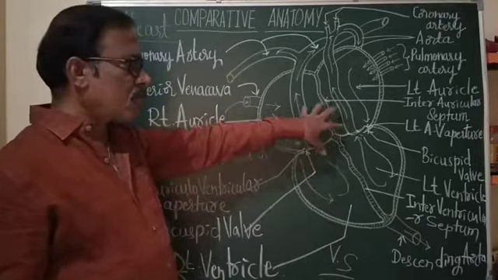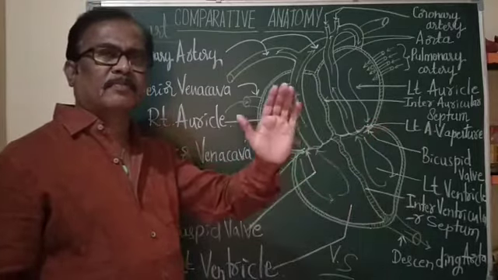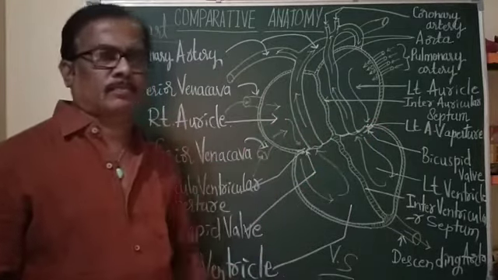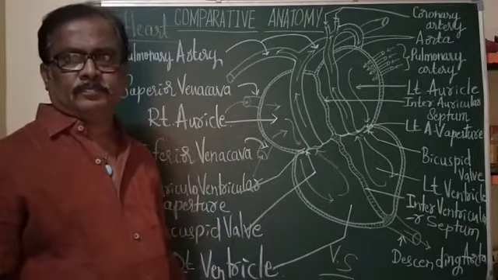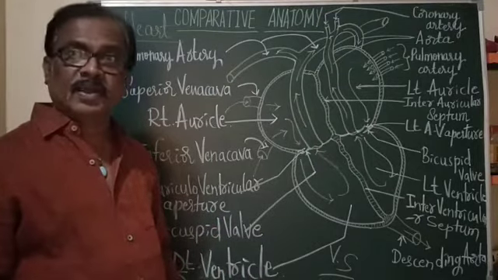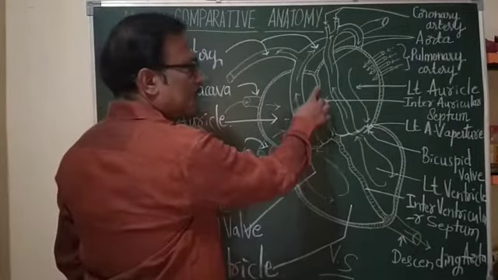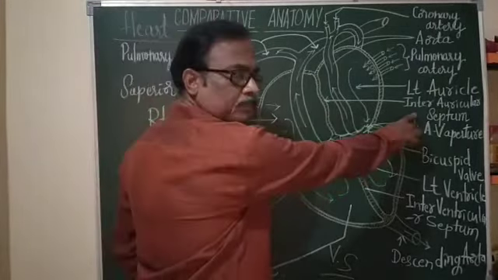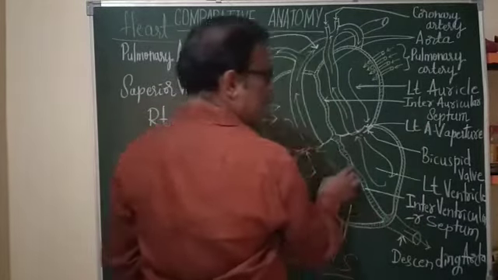The auricles and ventricles are separated by a muscular partition or septum. In between the 2 auricles, it is the interauricular septum. In between the 2 ventricles, it is the interventricular septum.